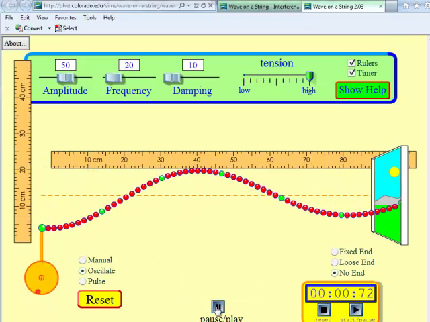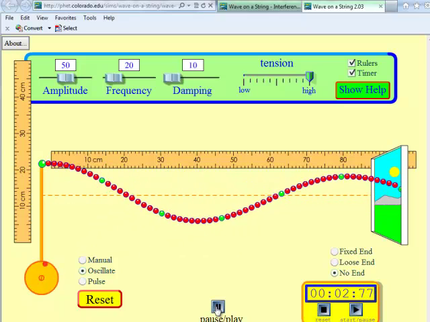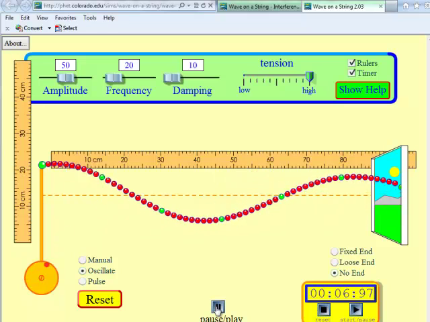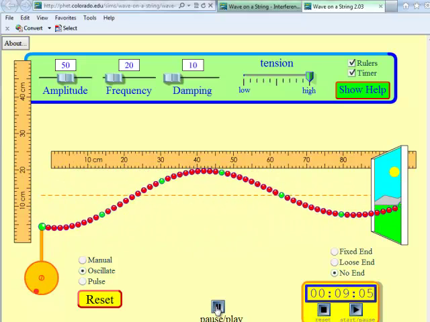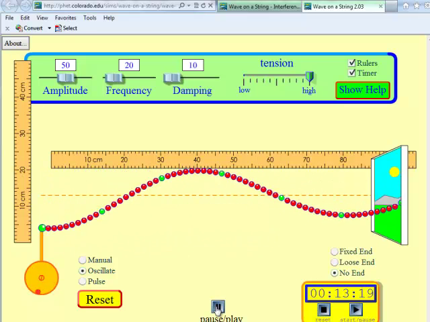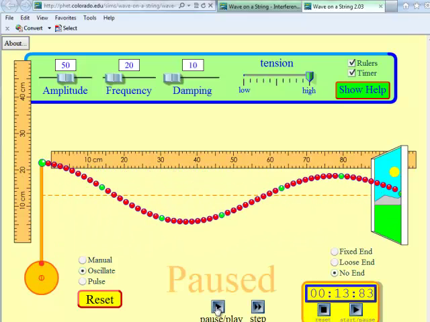And there's 1, 2, 3, 4, 5, 6, 7, 8, 9, and 10. Okay, and that's 13.83 seconds for 10 swings, which means 1.383 seconds for just one up and down swing, and I divide that into 1 and get the frequency.